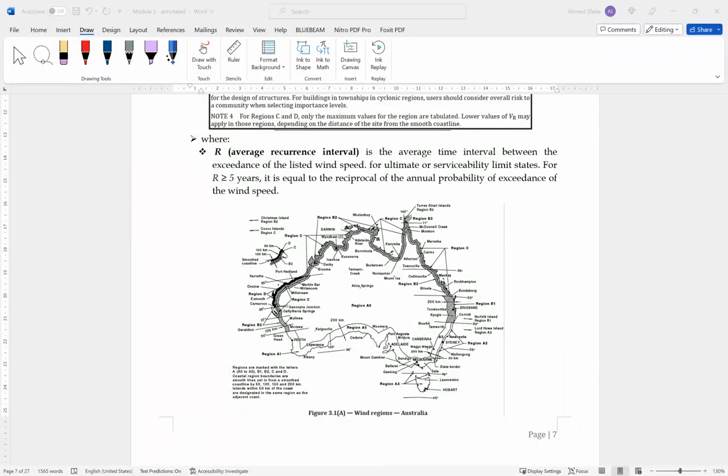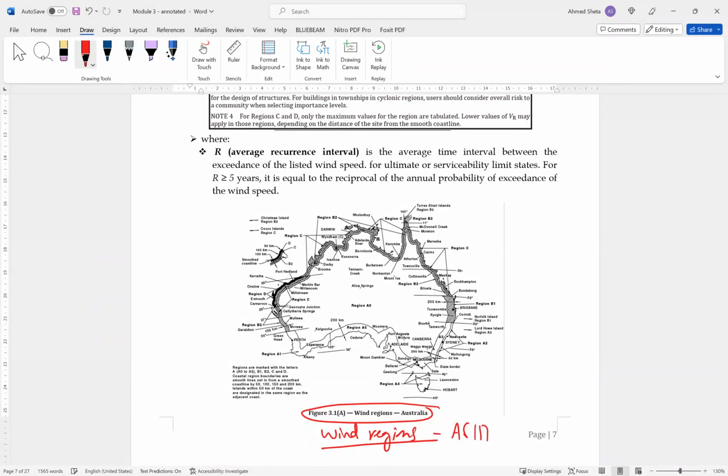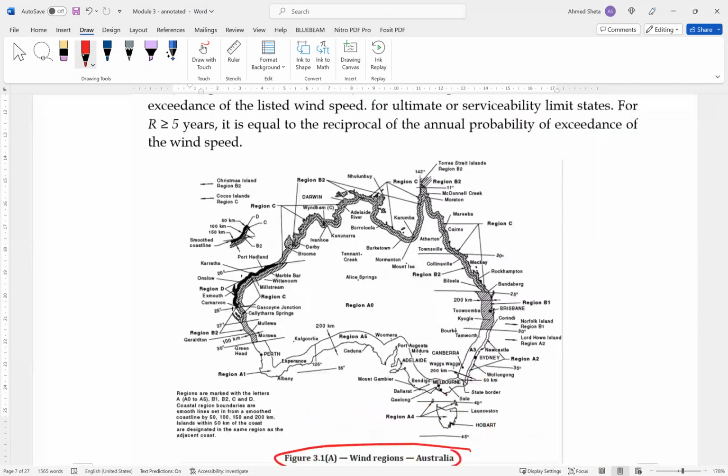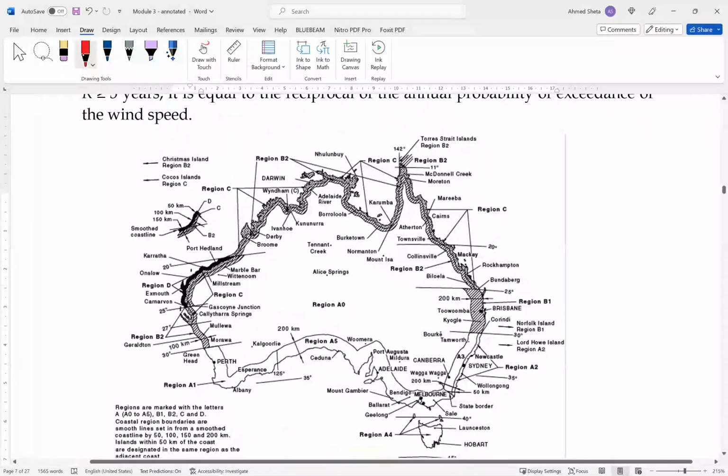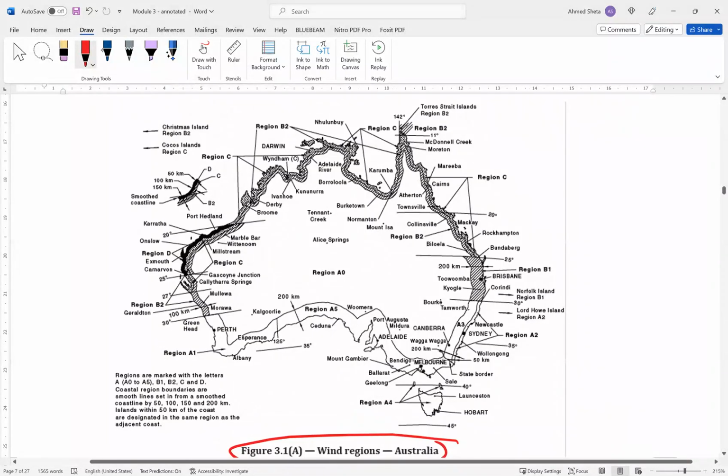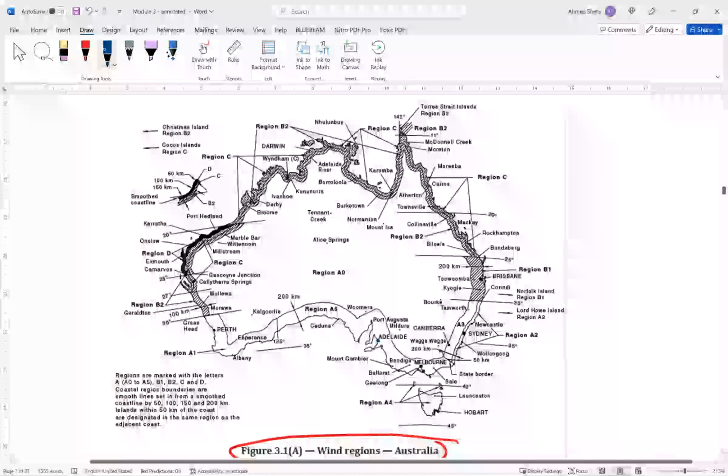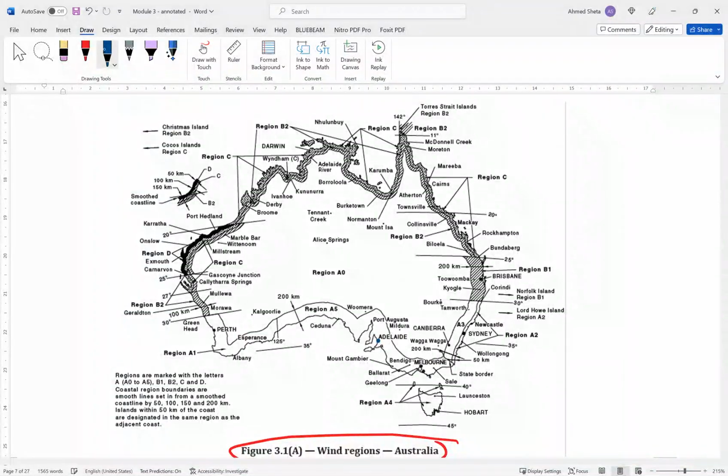And here is the wind regions map from AS 1170.2. As you can see, here it is in black and white. For example, if we're looking at Adelaide city here, Adelaide is in region A5.